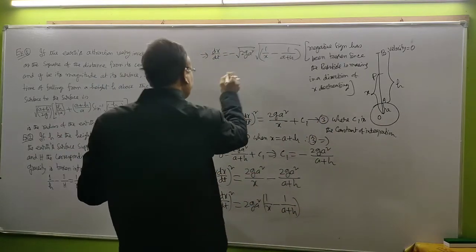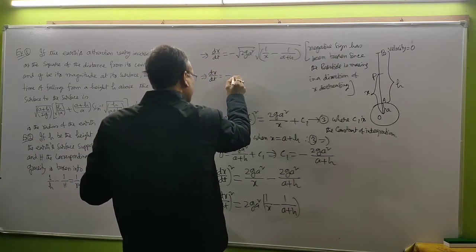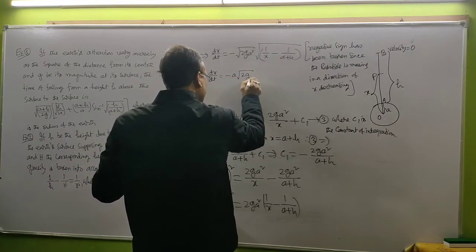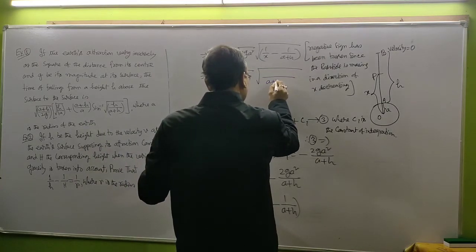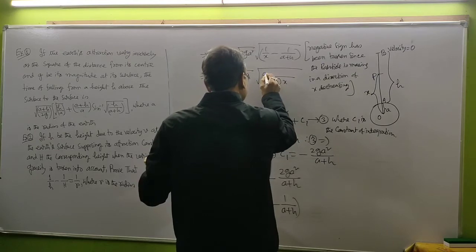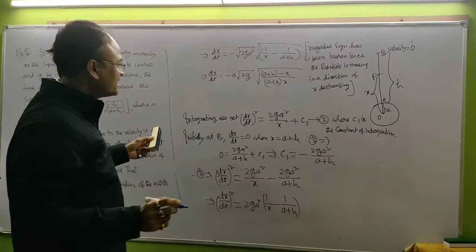Now, you may write here dx by dt equal to minus a root over twice g, root over a plus h minus x in x, a plus h minus x.